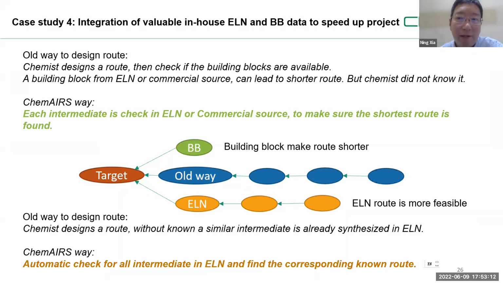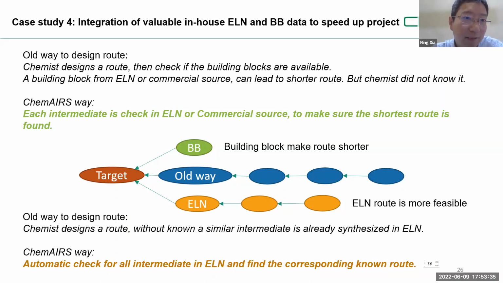But with ChemAIRS, it's changed. The system will check each intermediate in the search, so it will check a lot of chemistry space, and it also checks the ERN database and the building block database. And then it will be able to find routes like the first one.